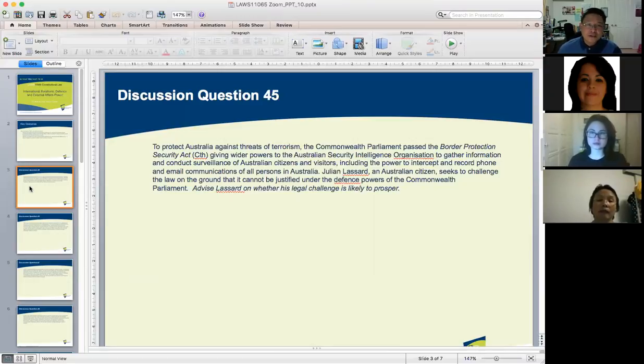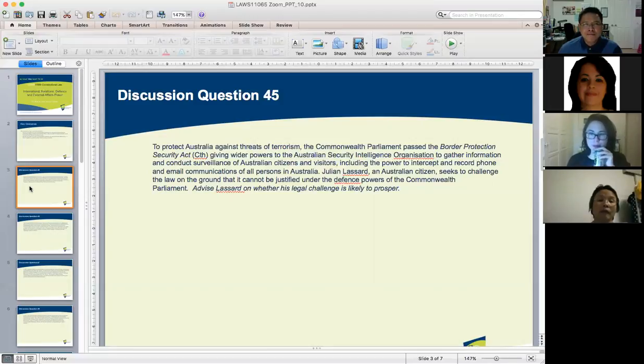So, to protect Australia against threats of terrorism, the Commonwealth Parliament passed the Border Protection Security Act, giving wider powers to the Australian Security Intelligence Organisation to gather information and conduct surveillance of Australian citizens and visitors, including the power to intercept and record phone and email communications of all persons in Australia.